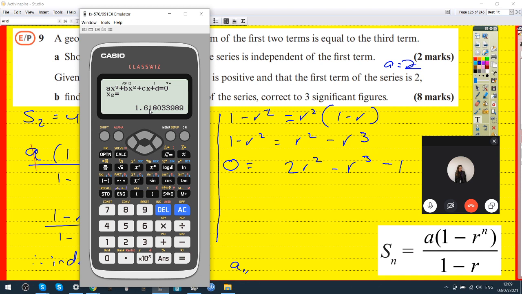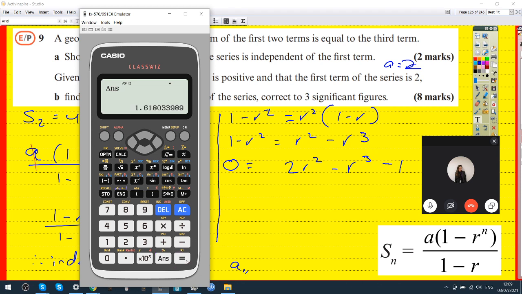This looks very familiar. I wish I could copy that number somehow. How do you do that? Store that number to A or something? Store it to A. Let me go back. Alpha A. Yep.